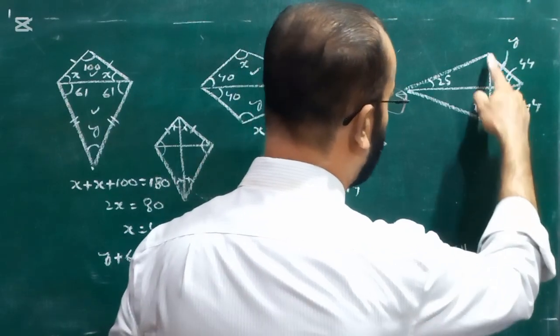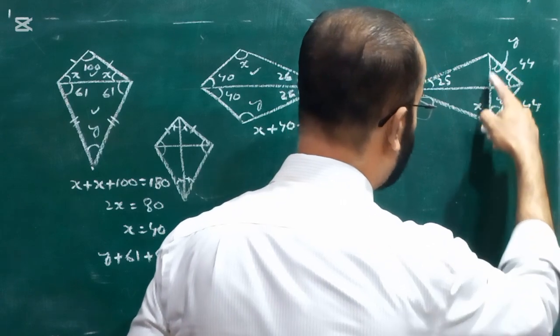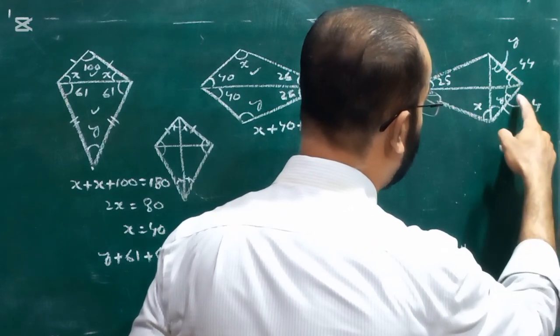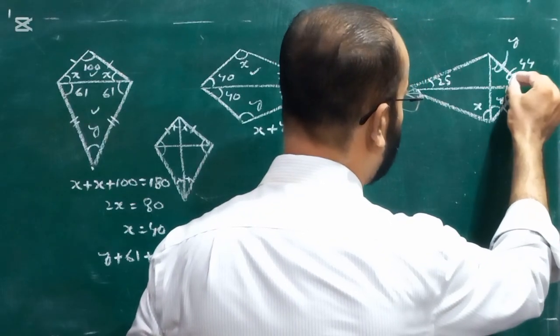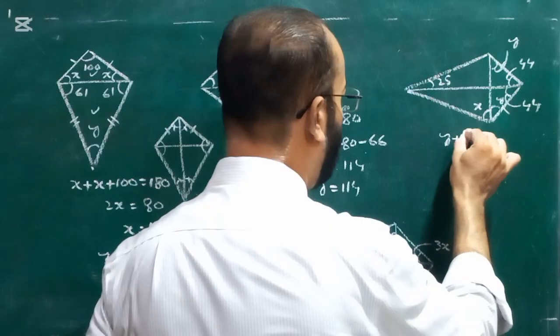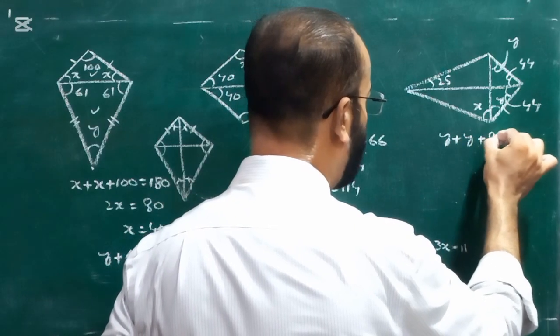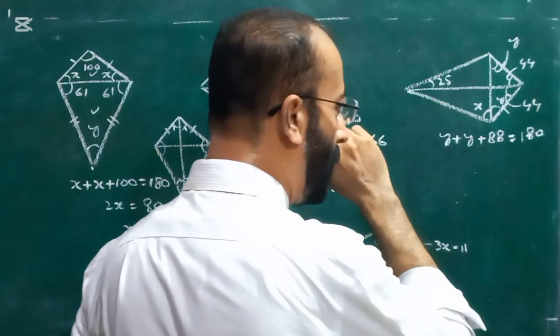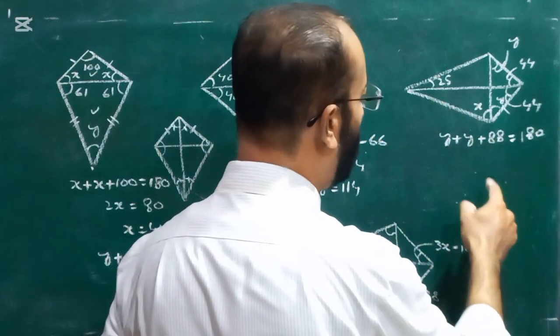So in the upper triangle, this is the triangle on which I'm rolling my finger. So y plus 44 plus 44, because this is the total 88 angle. So look now, y plus 88 should be equal to 180 degrees, because the sum of the angles of a triangle is 180 degrees.